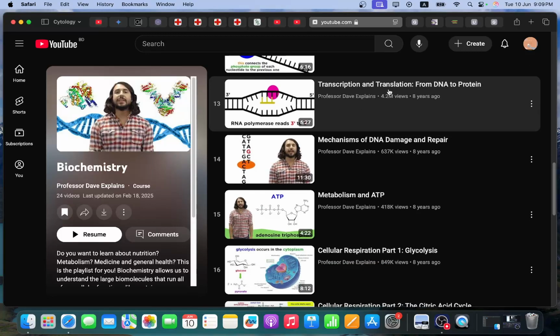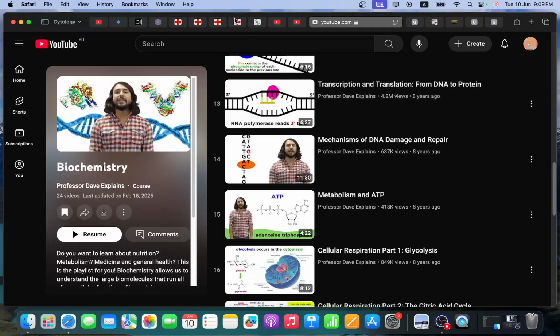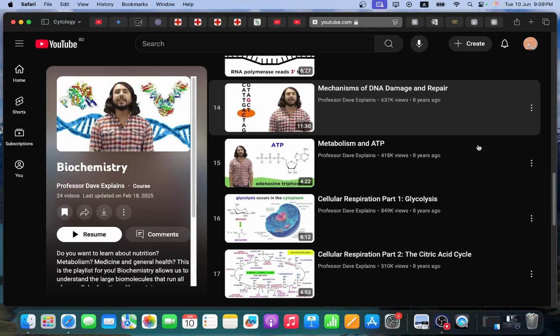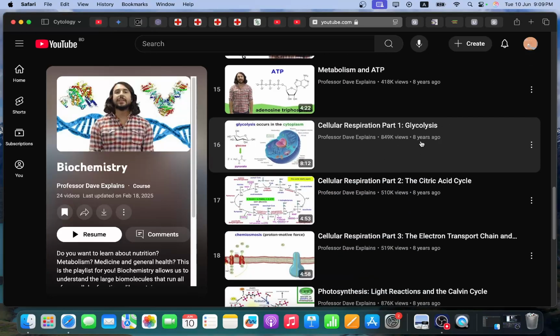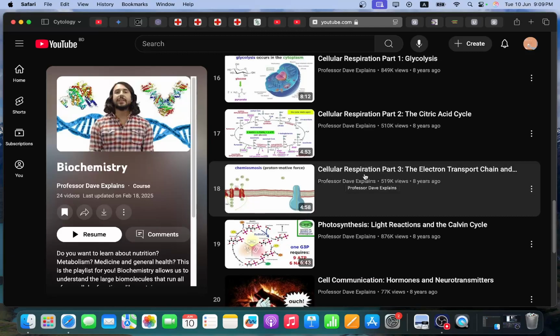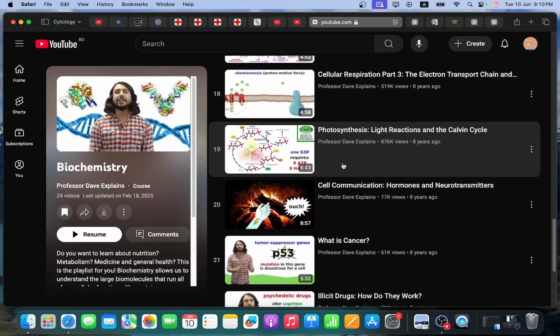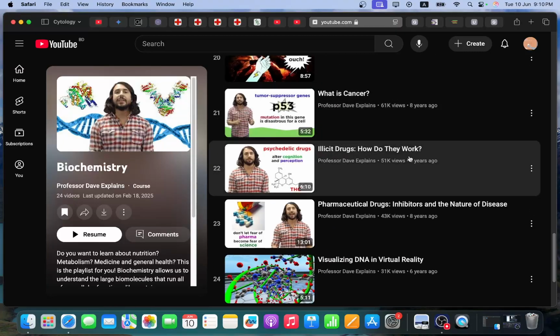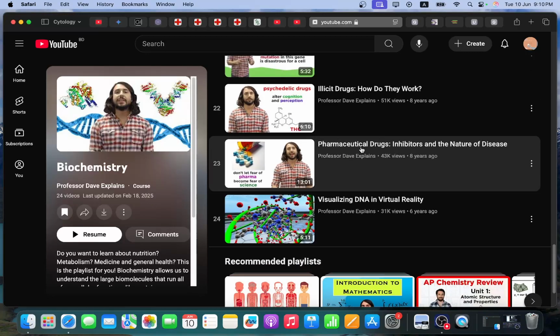Transcription is the term that I realized from this. Mechanisms of DNA damage and repair, metabolism and ATP, cellular respiration part 1, glycolysis, cellular respiration part 2, citric acid, cellular respiration part 3, electron transport chain, photosynthesis, cell communication, what is cancer, illicit drugs, how do they work, pharmaceutical drugs, inhibitors, and nature of diseases, visualizing DNA in virtual reality VR.